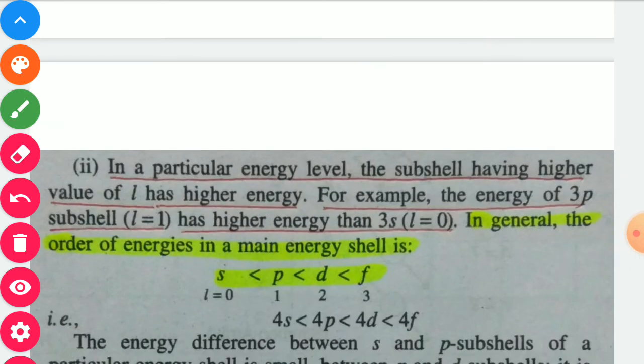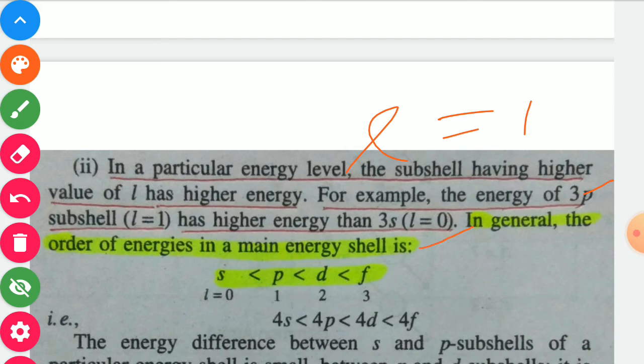In a particular energy level, the subcell having a higher value of L has higher energy. For example, the energy of the 3p subcell, here we have to consider the p subcell. The p subcell belongs to azimuthal quantum number L equal to 1 and has higher energy than 3s. For 3s, the L value is 0.